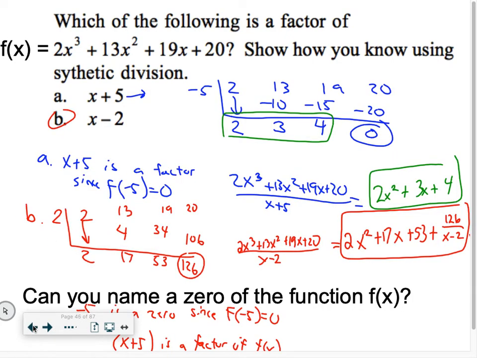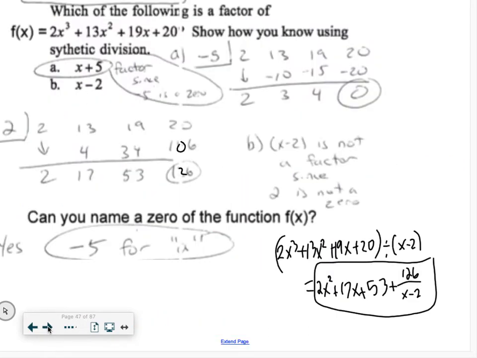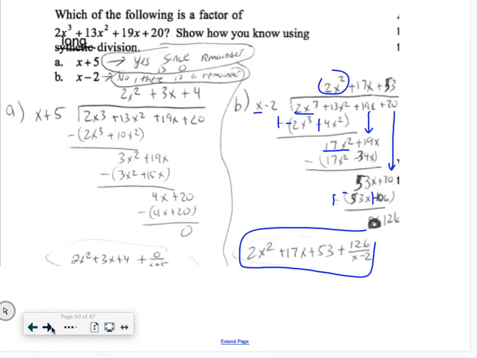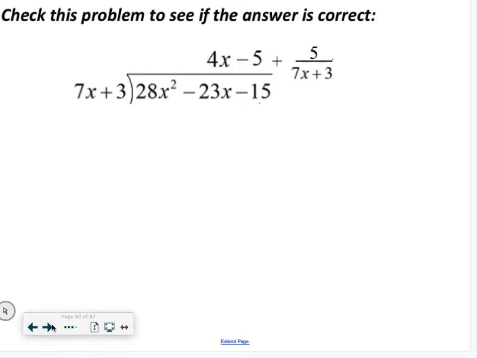Oh, right here. So clearly, synthetic division is much easier, right? However, if we have a problem where the divisor is not of that form, like this, synthetic division doesn't work that way.